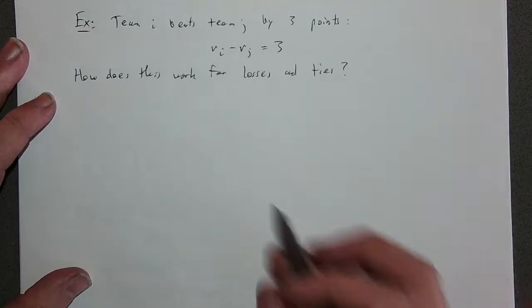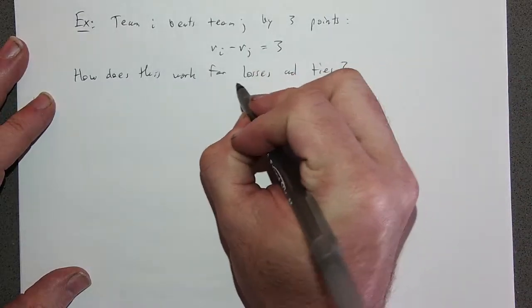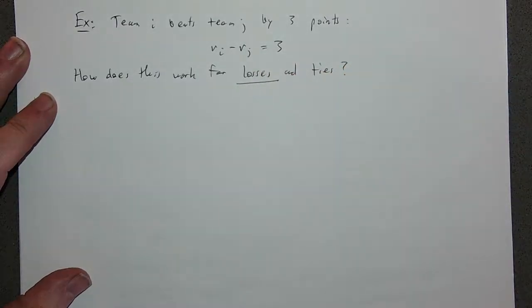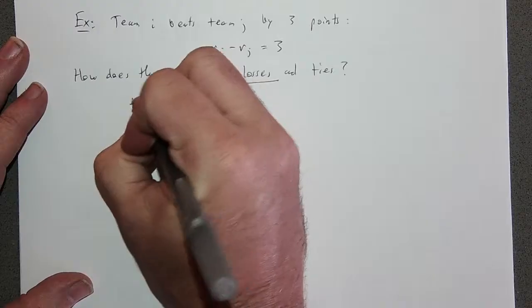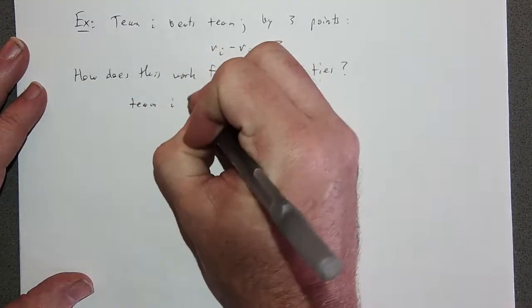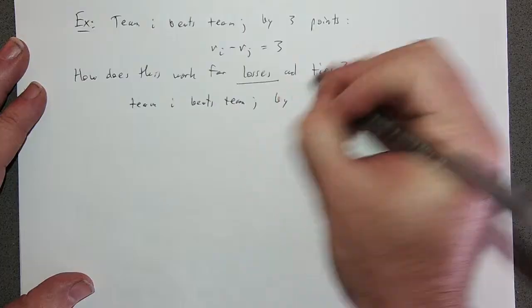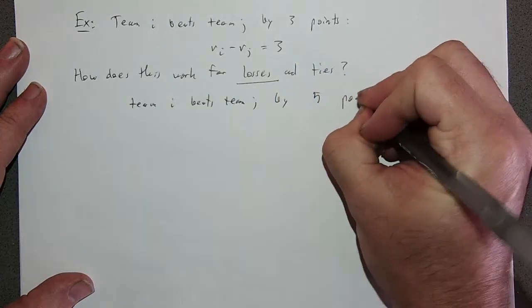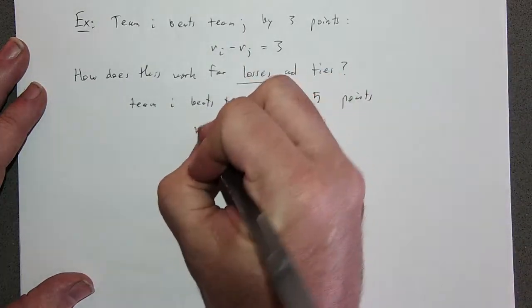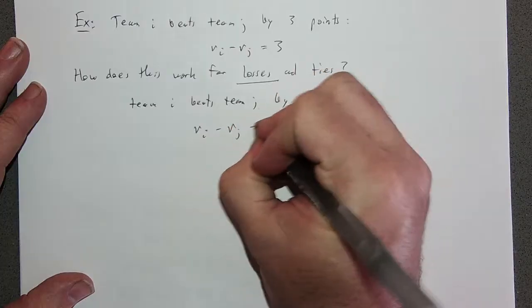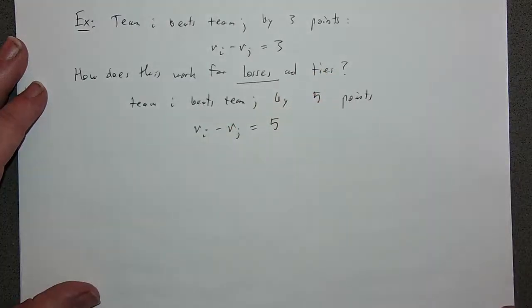But for losses, how can I think about this? So if Team I beats Team J by 5 points, this would be R sub I minus R sub J is equal to 5.